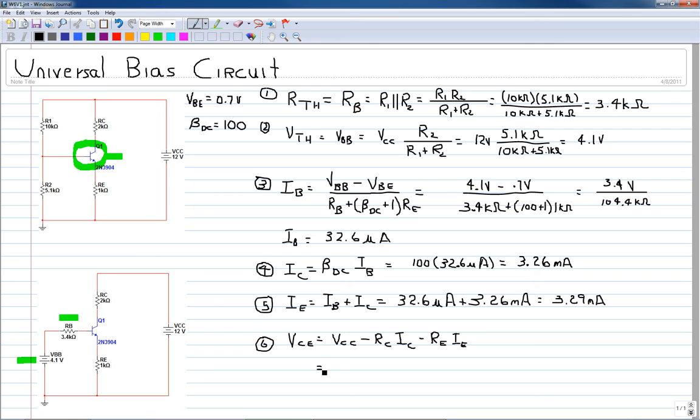This is equal to 12 volts minus 2K ohms times 3.26 milliamps minus 1K ohm times 3.29 milliamps.